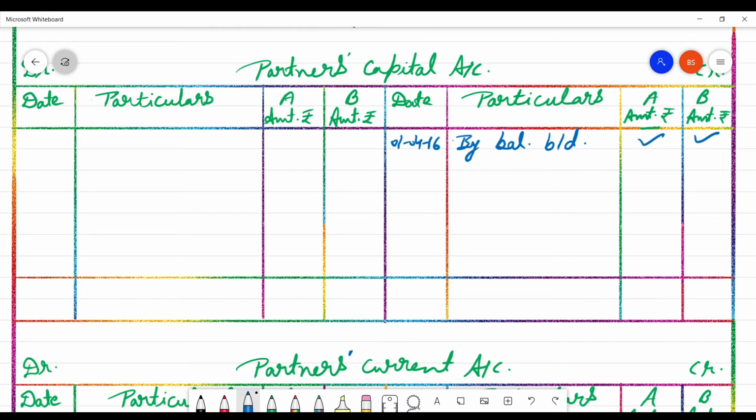First is by balance brought down in the credit side. Other is if any partner brings additional capital, it will also come in the credit side by cash or bank account. In the bracket I am writing additional capital.